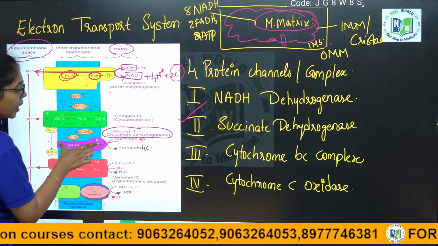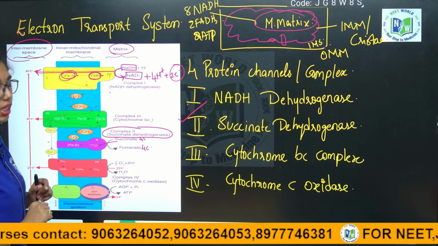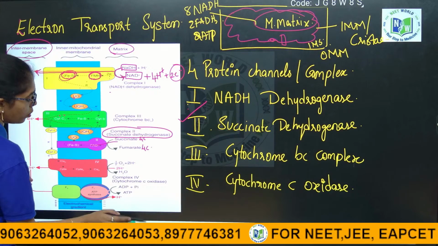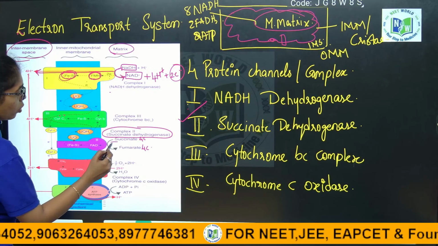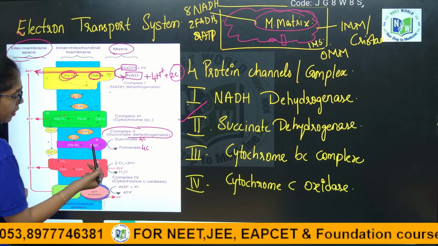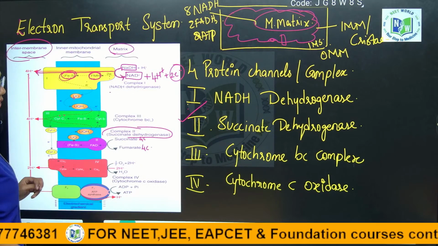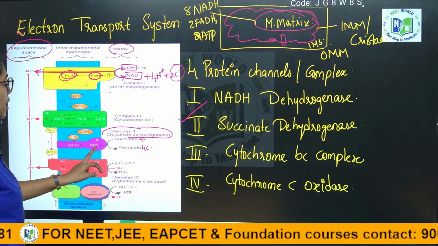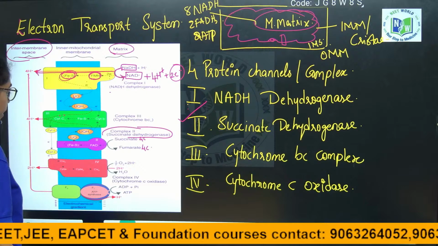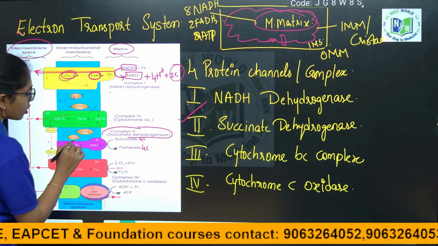It is embedded in the inner mitochondrial membrane itself. Here both electrons and protons are submitted to FAD and then the ferrous sulfur complex.